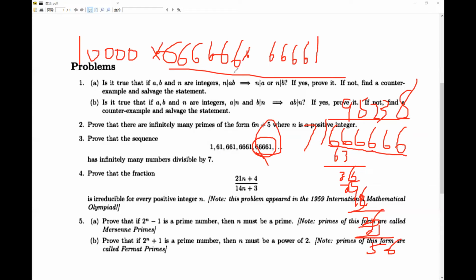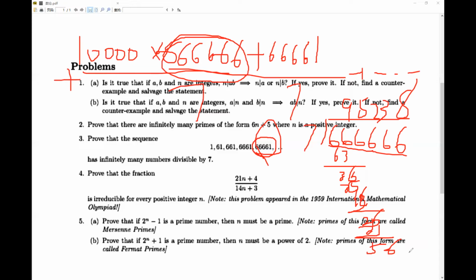So it's infinite because you can keep on adding six sixes to the front. So this one is divided by 7, also this one divided by 7. So every 6 of 6 can divide by 7. So we keep adding. That's infinite.